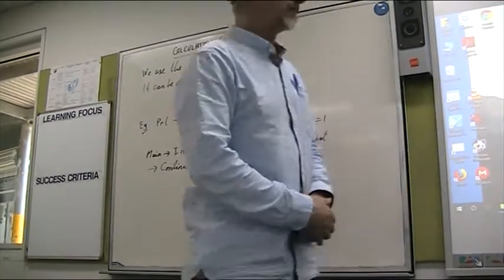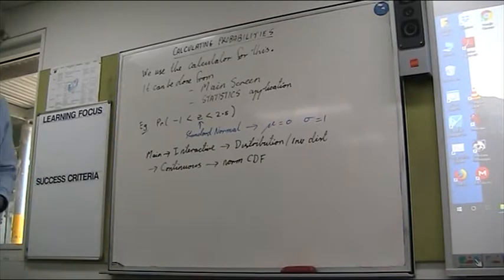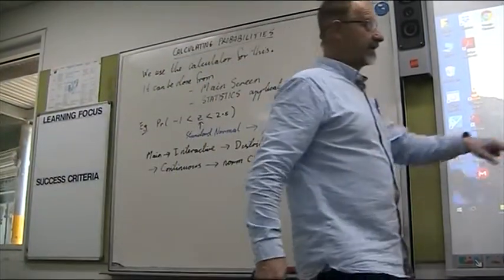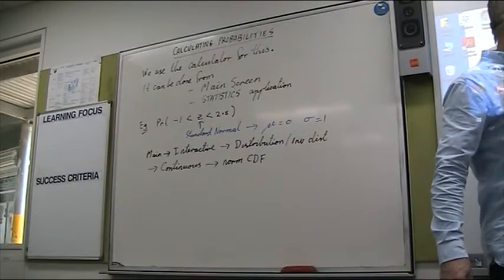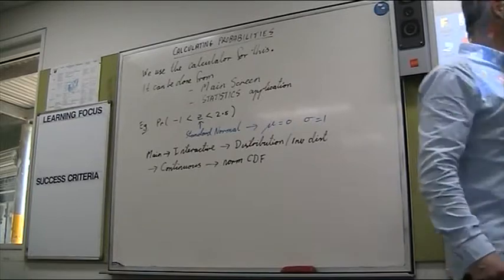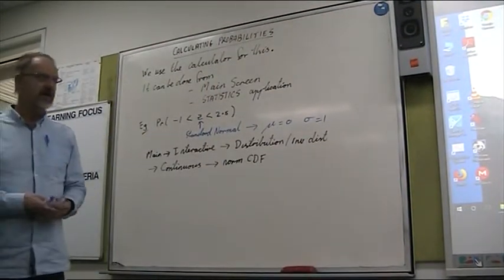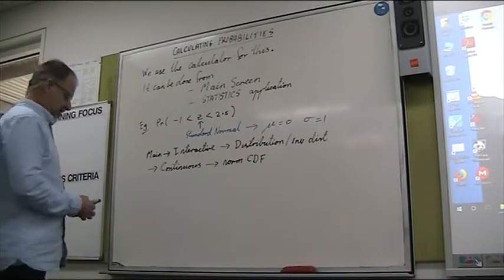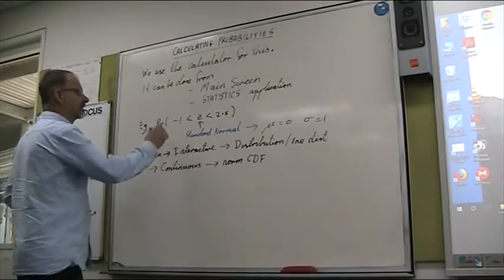And then you get this box that comes up. So then you're asked to fill in. The default on your calculator is the mean of 0, standard deviation of 1. So that's our default. We can change those if we need to. In this case, we've got Z, so they can stay. When we're talking about the lower, we're talking about this number here.